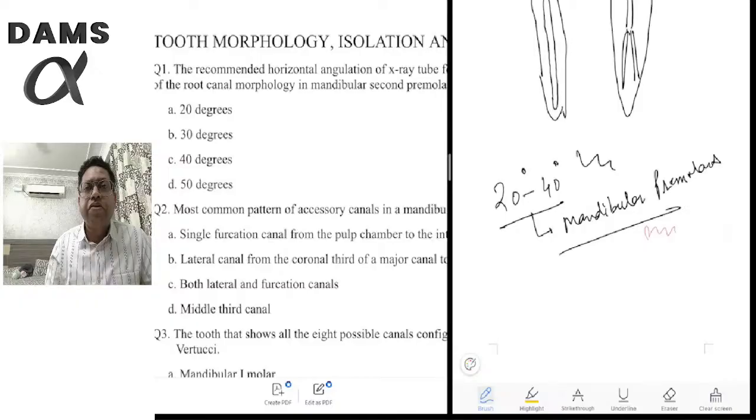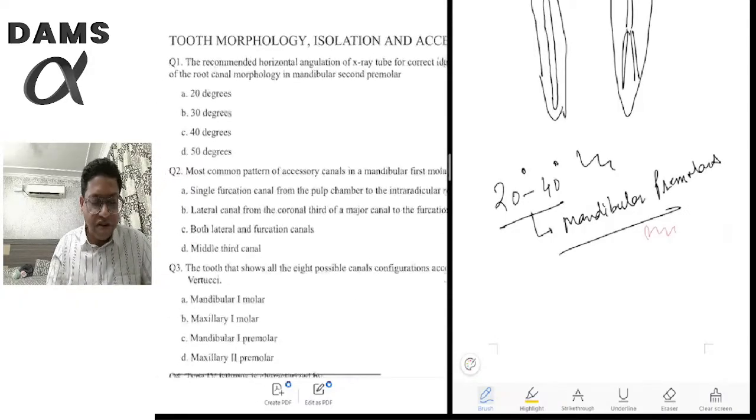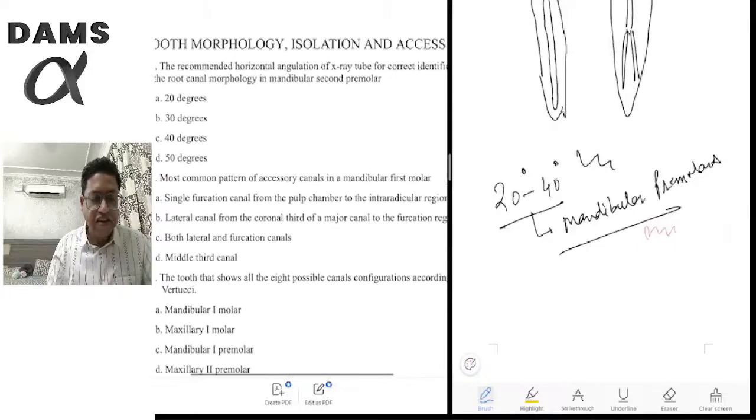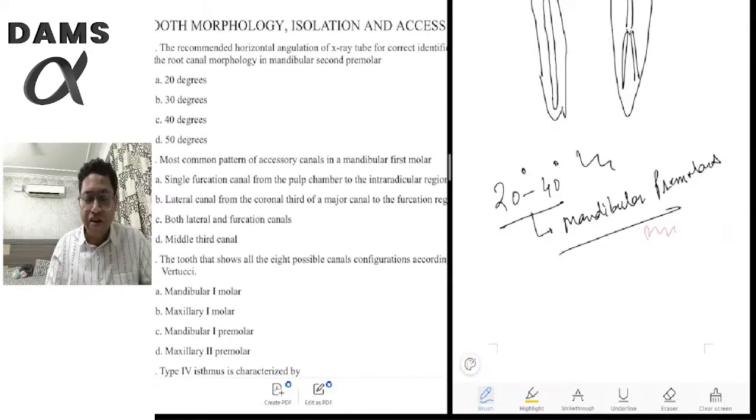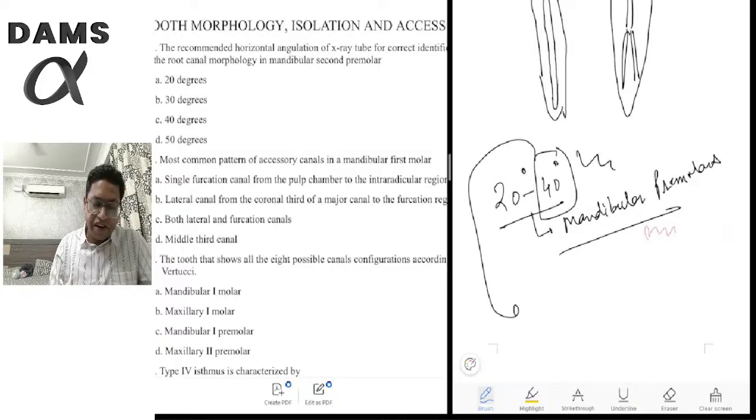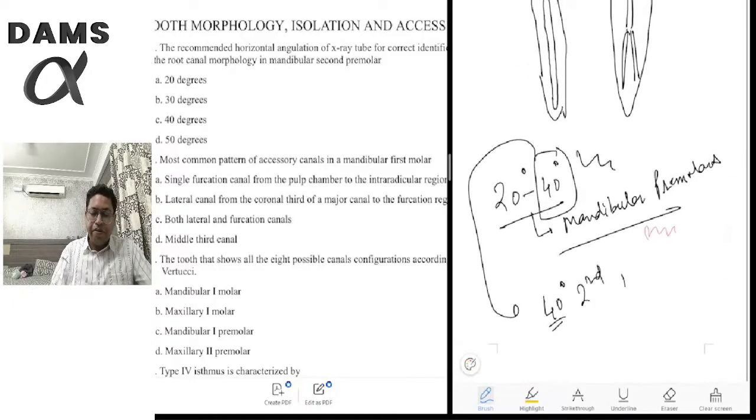But the question is specifically asking you about mandibular second premolar. As you can see on the screens, it is asking about mandibular second premolar. So for mandibular second premolar, it would be specifically 40 degrees. For second mandibular premolars.